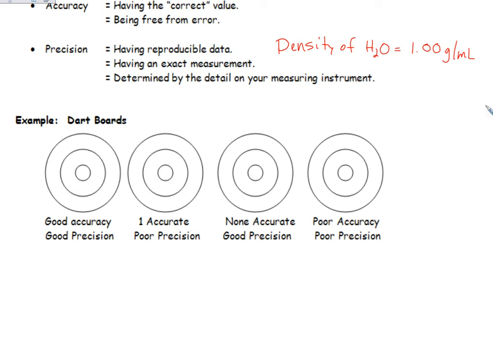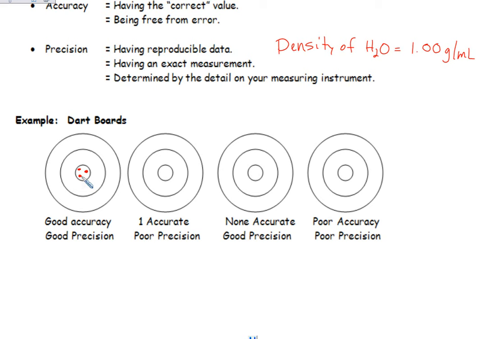If my data is both accurate and precise, it might look something like this. 1 shot, 2 shot, 3. All 3 in the bullseye. It's accurate because I got the right result, the correct value. I wanted them in the bullseye. And it was also reproducible. So we'd say it's good accuracy and precision.